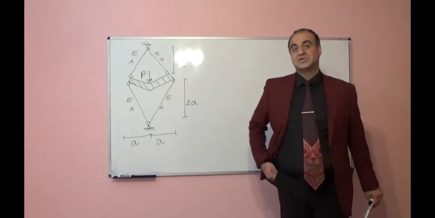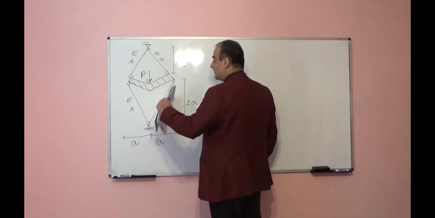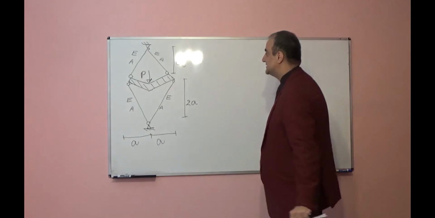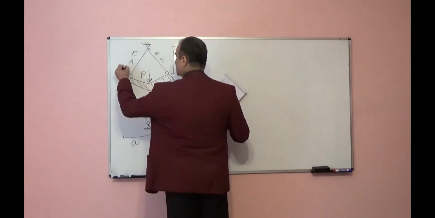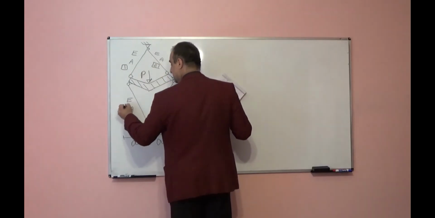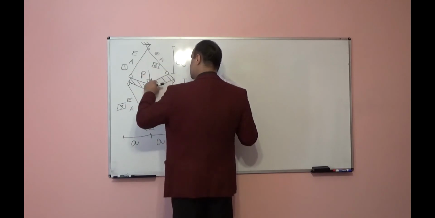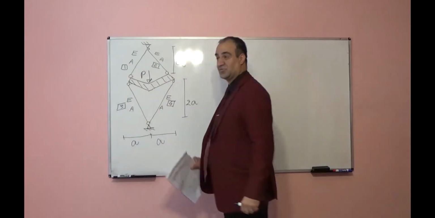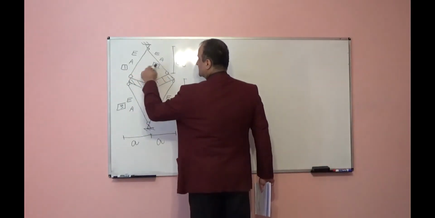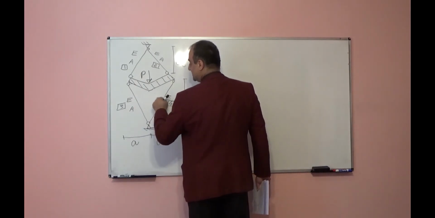So because it is a symmetrical system, the deformation in all rods in the vertical direction is equal. So if I put, this is rod number 1, 2, 3, 4. If I apply P here, because this is a rigid link, there is no deformation for the rigid link, we will have elongation in these 2 rods, and we have contraction in these 2 rods.